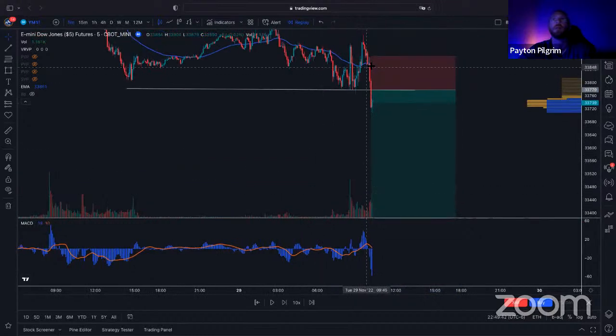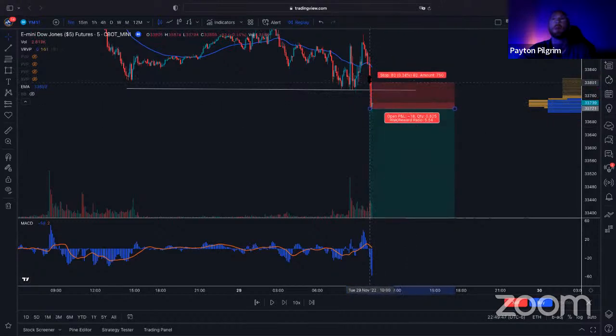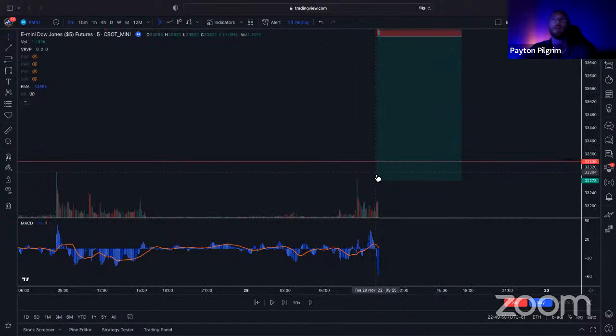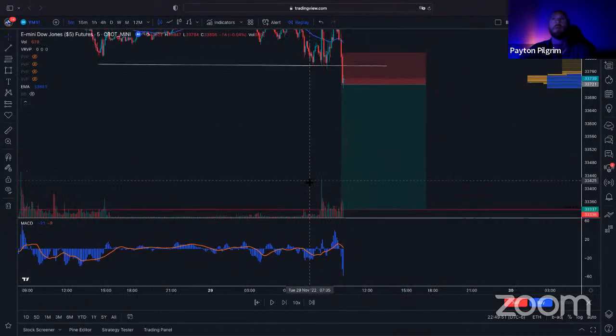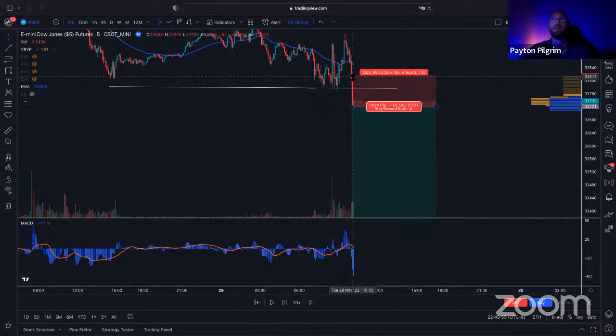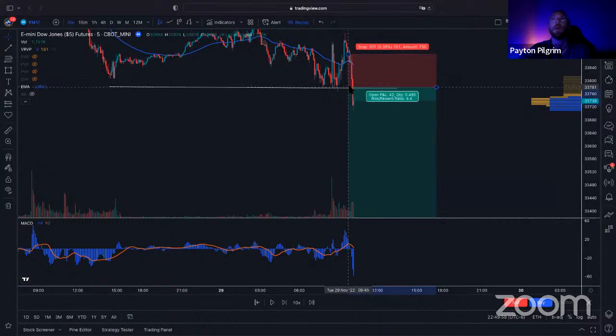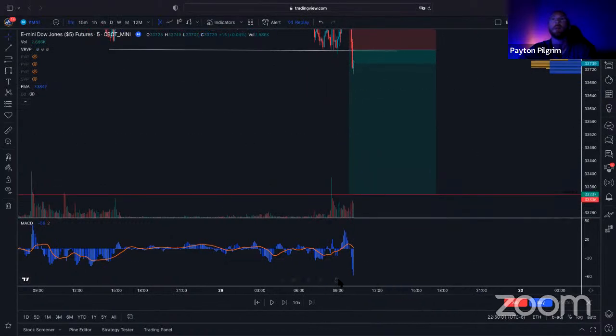So that's a 4.3 to 1. You could do the break of this candle, put this like right there. And that's a 4 to 1, same scenario basically. I'm just gonna go off of the candle and then buy stop it.